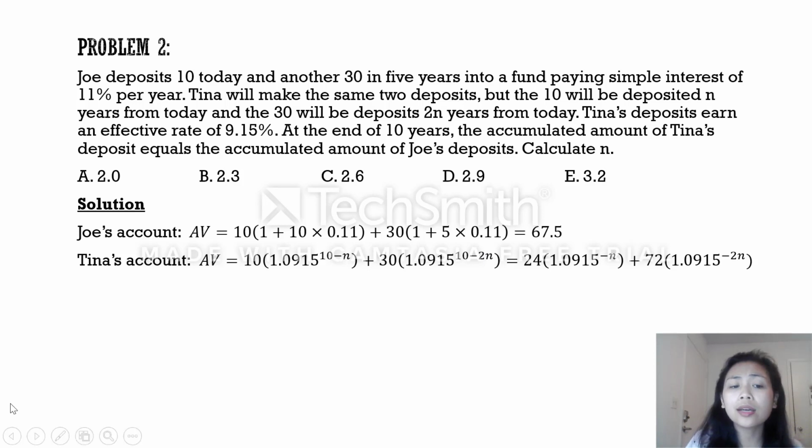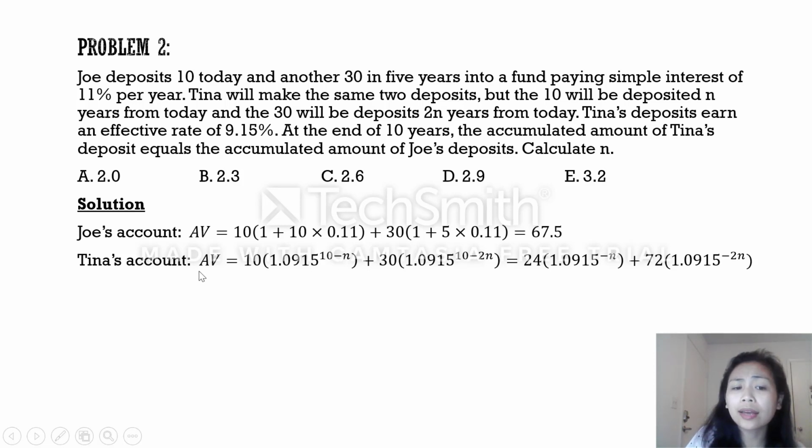Now we go to Tina's account. Here's the thing, Tina uses an effective rate of 9.15%. So the accumulation function is 1 plus i to the t. The first payment is made at time n, so to time 10 it goes up 10 minus n steps, and another payment of $30 is made at time 2n, so it moves up 10 minus 2n steps.